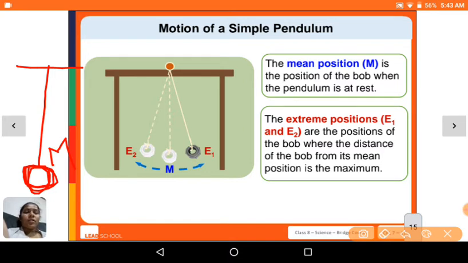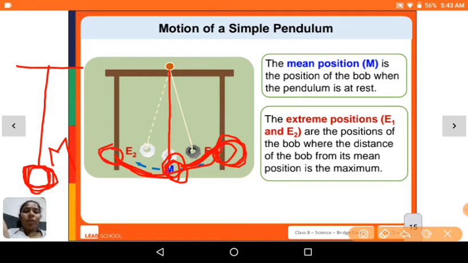When the bob is at rest, you take it to a certain point for a moment, then you release it from here. So the maximum distance covered by the bob on the left side and on the right side from the rest point, that is the extreme position.